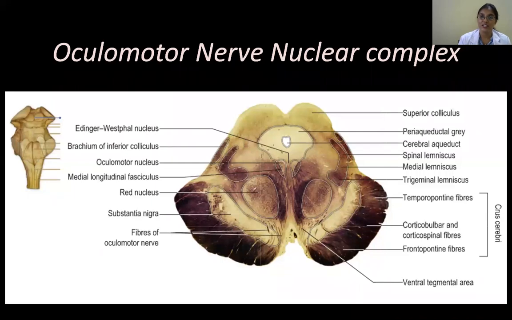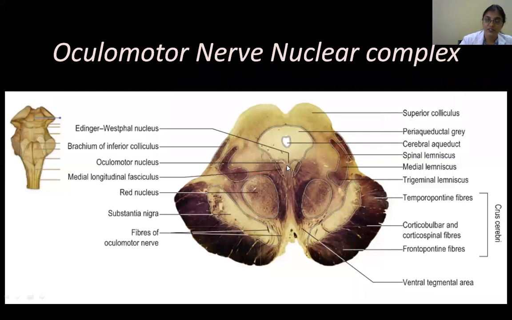All these small nuclei in one location together we call a complex, like a complex of many shops in one unit. So in the oculomotor nerve nuclear complex, you have different populations of neurons, each going to a particular muscle.